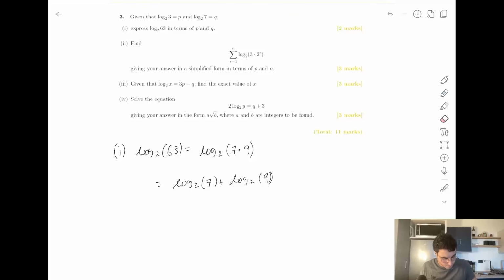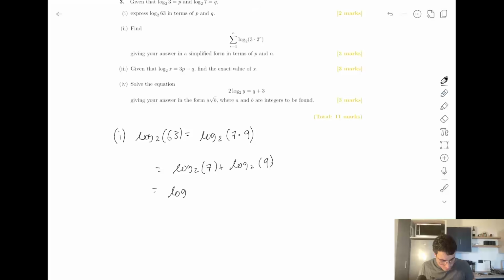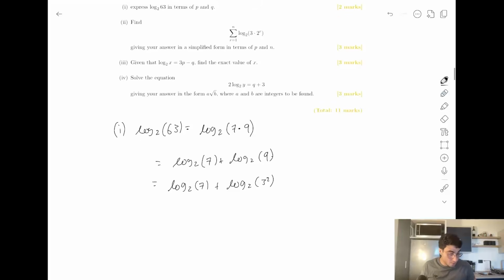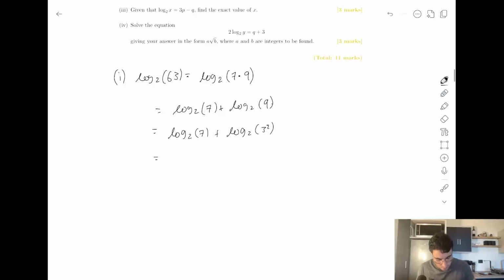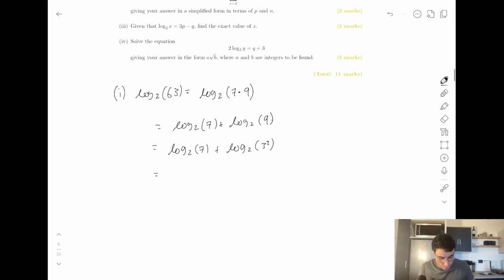So that then means log 2 of 3 squared, because remember, 3 squared is 9, and we can bring things down. What are we looking for? Log 2 of 7, that's what we need, and log 2 of 3. We're going to bring the 2 down.